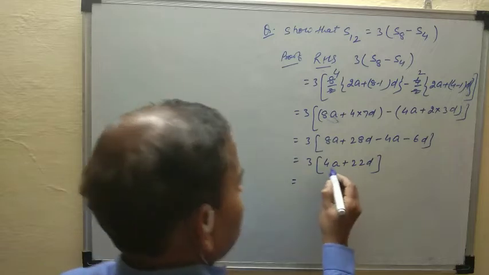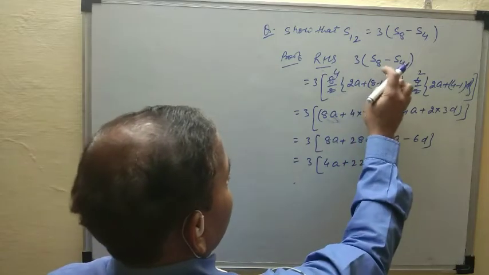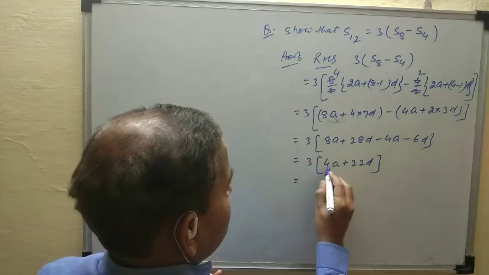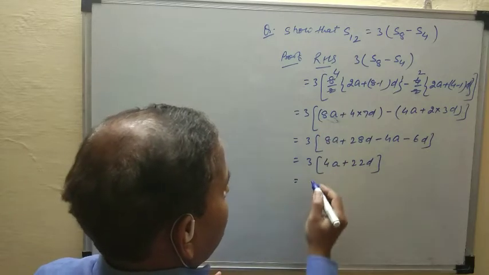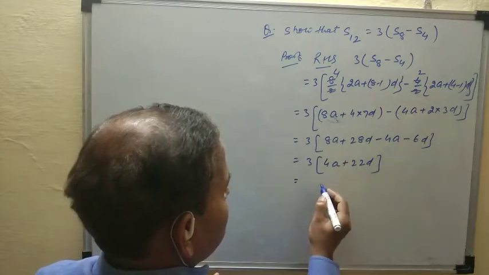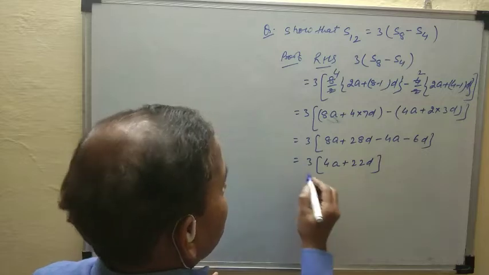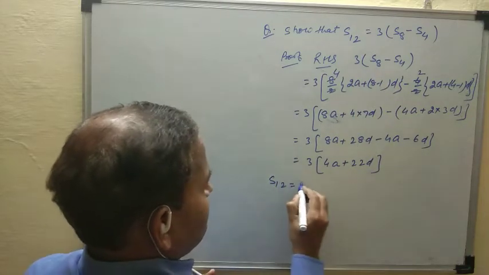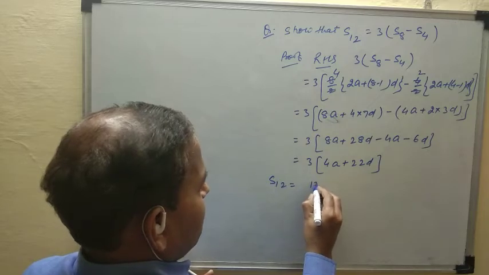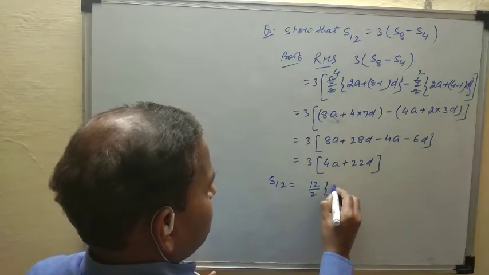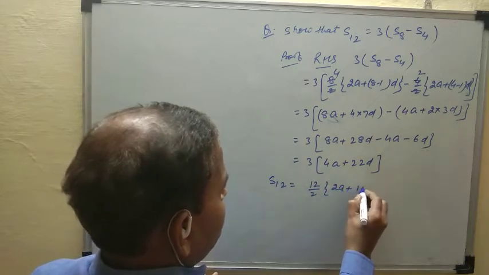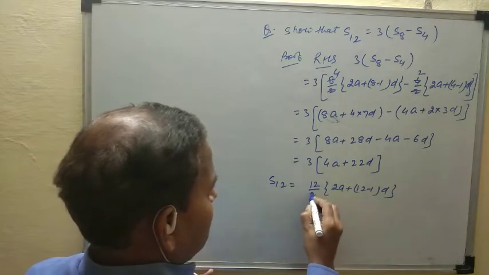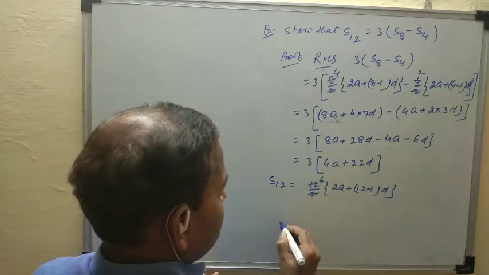This is the value of 3 into S8 minus S4. Open the bracket also. So now find the RHS, taking 2 common, this is the value of RHS. Now find S12. Since S12 is equal to n by 2, that is 12 by 2 into 2a plus 12 minus 1 into d. Here the 2 cancels, that is 6.